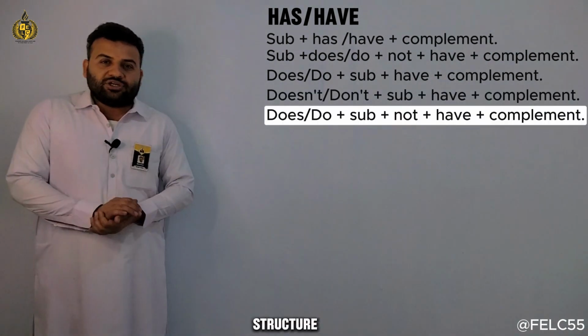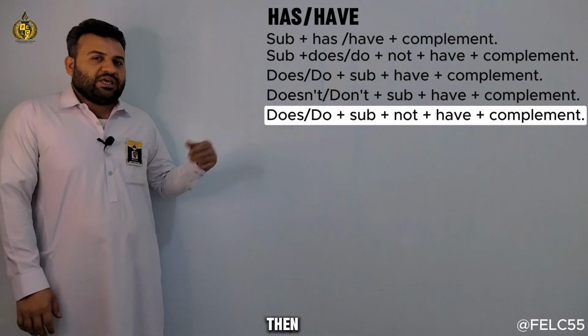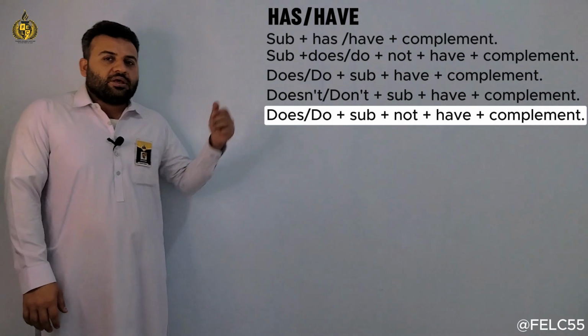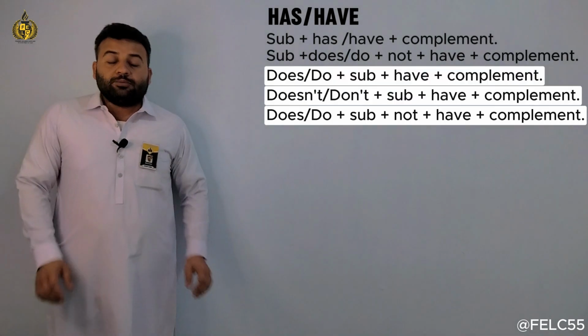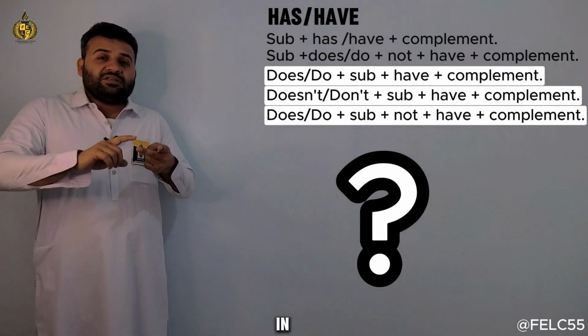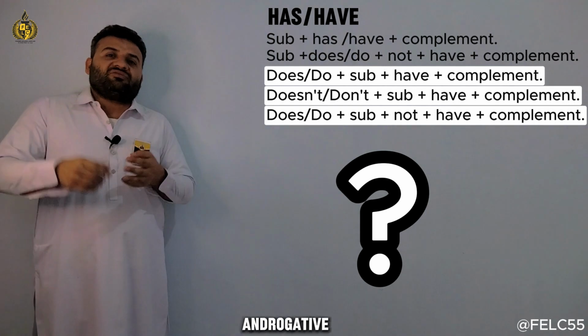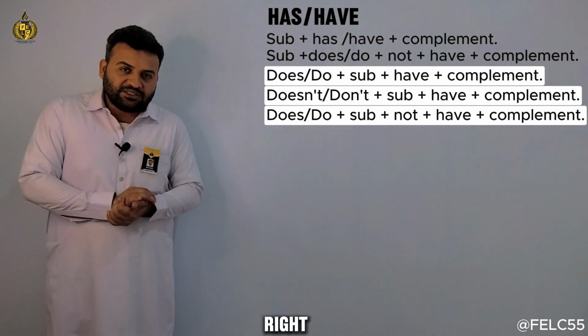And in the last structure, in the British structure, first we have to use does, do, then we have to use subject, then not, then have, and then complement. But remember to use a question mark in the interrogative structure, in the negative interrogative American structure, and in the negative interrogative British structure, right?